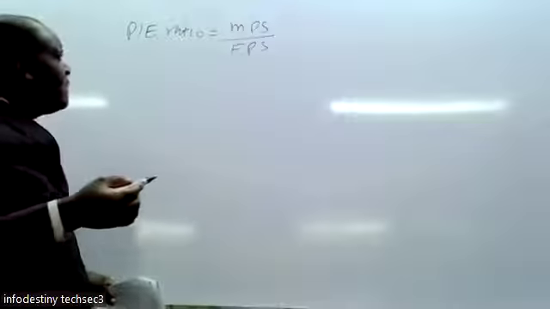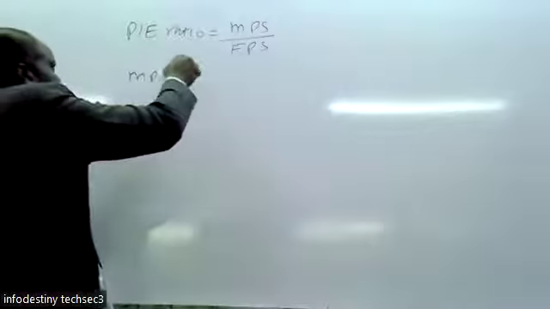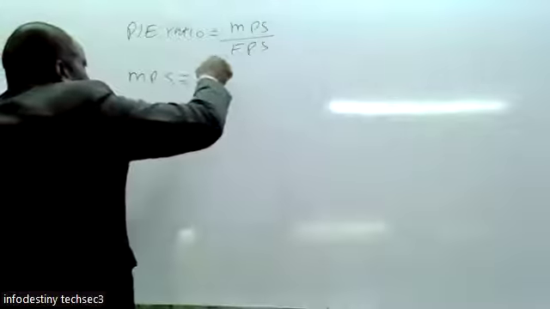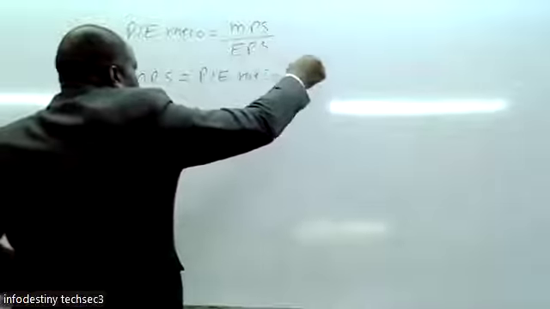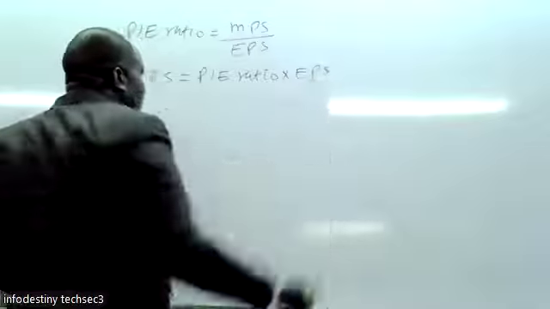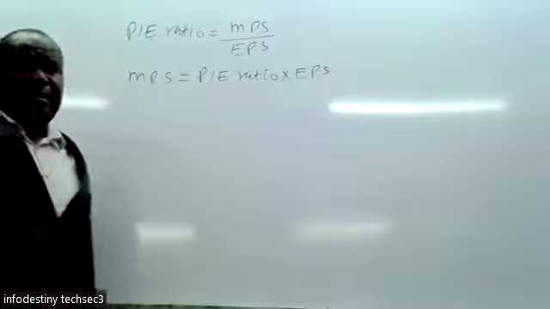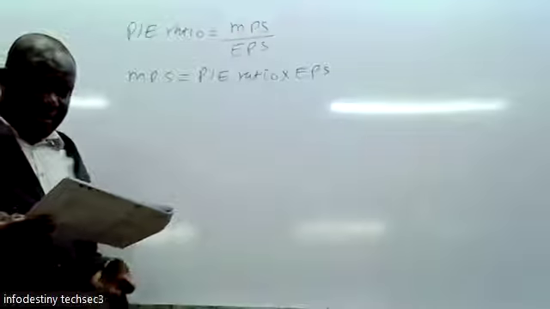So we make market price per share the subject, to be given by the price earning ratio multiplied by earnings per share. So simply take the price earning ratio, which was given.